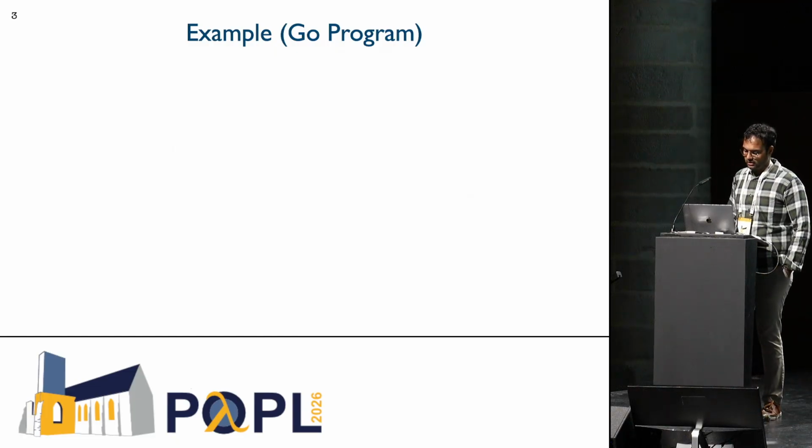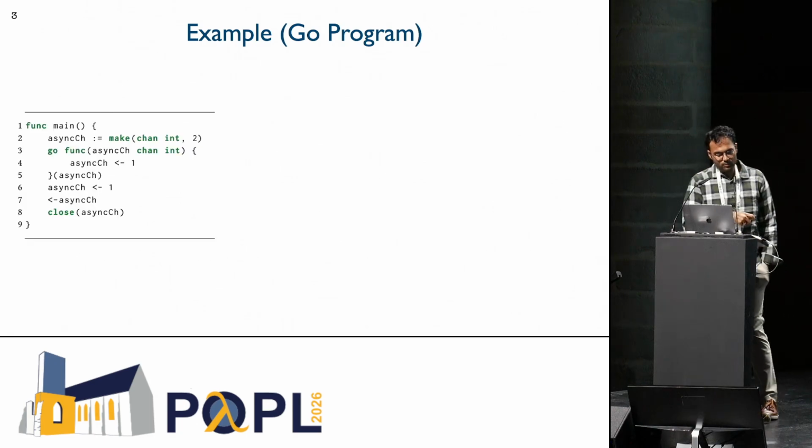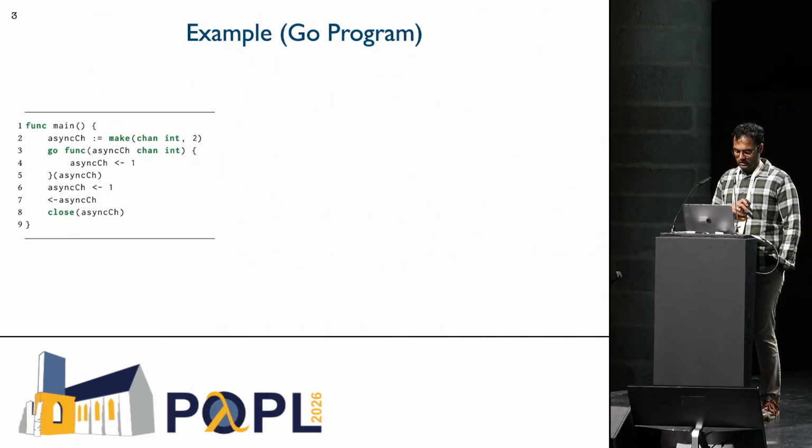If you haven't yet gotten a hang of predictive analysis, let me run you through yet another example. Here I have a Go program, and it is a bit problematic because I have two Go routines talking on a common channel, and one of the Go routines has the ability to close the channel.